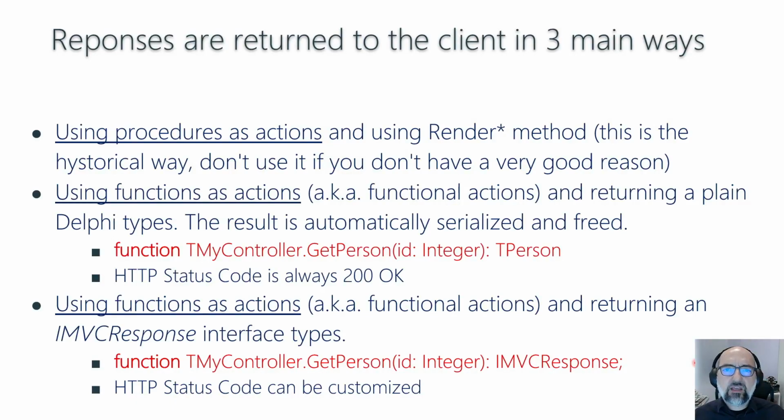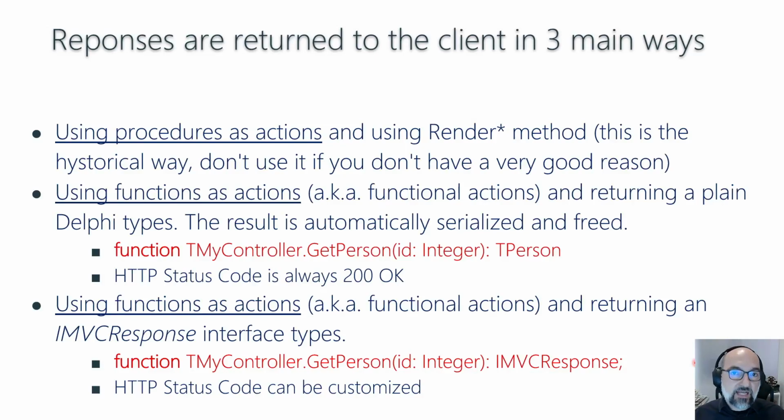But currently, if you don't have a very good reason to use it, just use the other ones. Okay. So this is a procedure as an action, and using render to render the response.